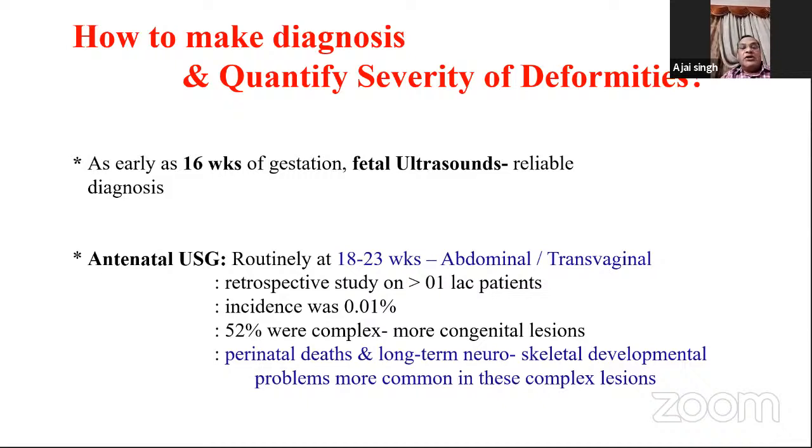A retrospective study on more than 1 lakh population gave an incidence of 0.01%. 22% had complex lesions, which included not only the clubfoot but also other neuroskeletal developmental anomalies. So antenatal USG is a very good diagnostic tool, and we must go for antenatal USG to diagnose these congenital abnormalities.